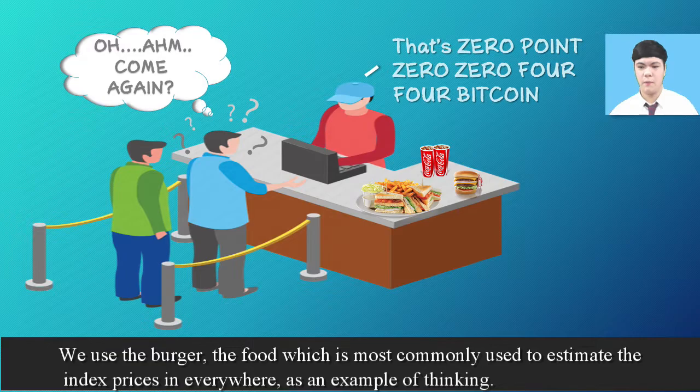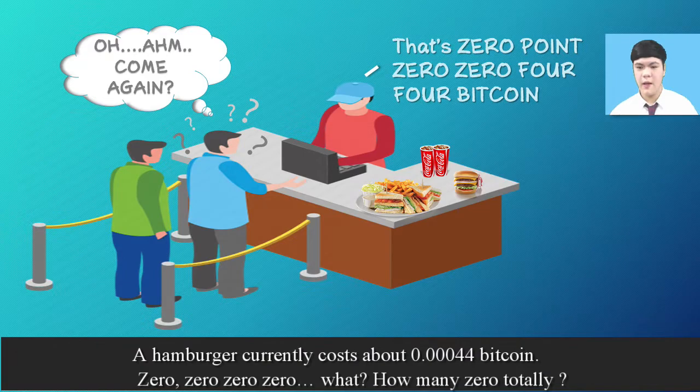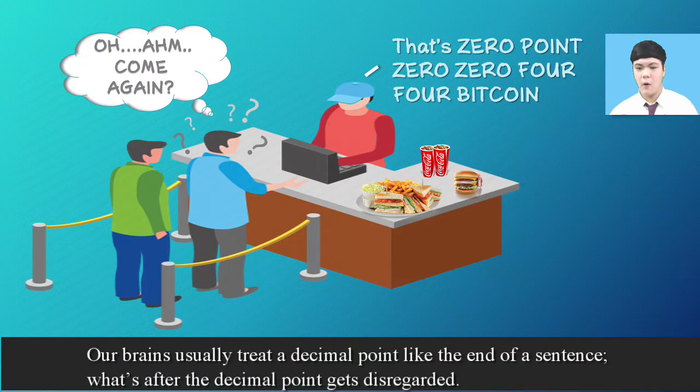We use the burger, the food which is most commonly used to estimate the index price everywhere, as an example of thinking. A hamburger currently costs about 0.00044 Bitcoin. 0000. What? How many zeros? Our brains usually treat a decimal point like the end of a sentence.